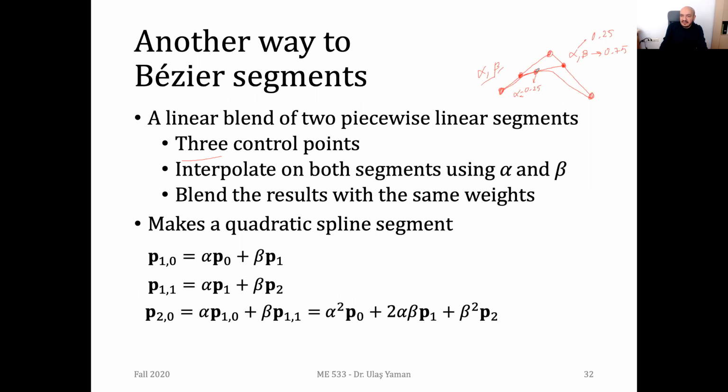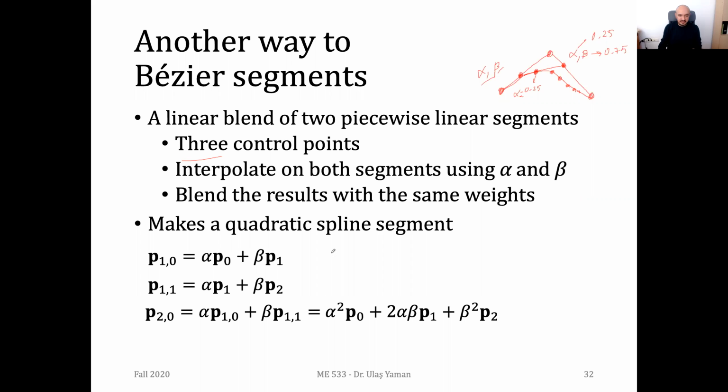So that is the new point that should be on the quadratic curve. And if you do it many times, you can obtain such points. And lastly, if you connect these points together, you will obtain the quadratic curve, and that will be the quadratic Bezier segment.